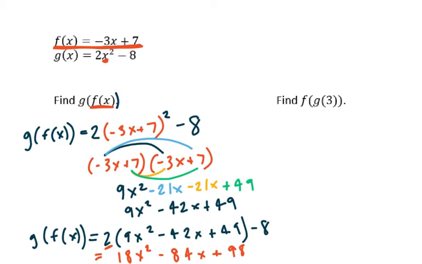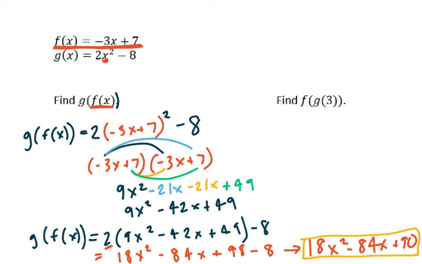And then finally, we have this minus 8 here. So once we combine our like terms one more time, we get 18x squared minus 84x plus 90. And that is going to be equal to g of f of x.